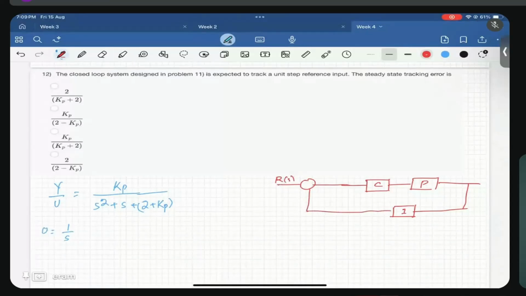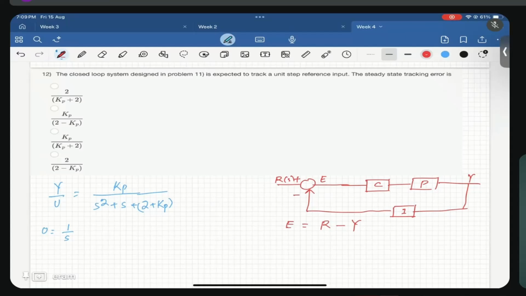We have a negative feedback, plus minus, so this will give us the error. If I want to write for error, what can I write? Can I write R minus Y? Any problem?